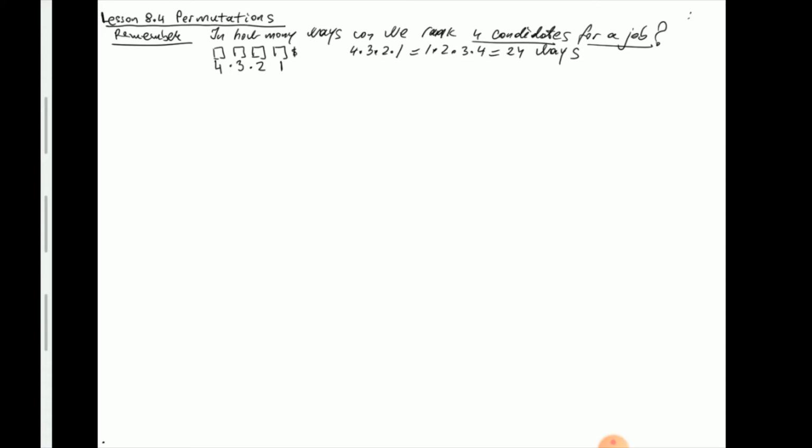I want you to pay attention to this type of expression, which is basically all the natural numbers multiplied up to 4, because we can extend this to an additional quick formula.